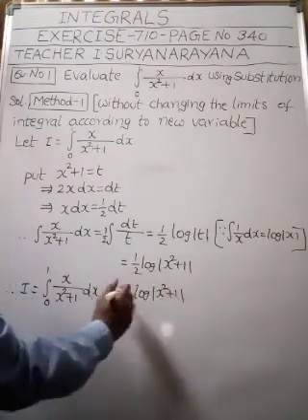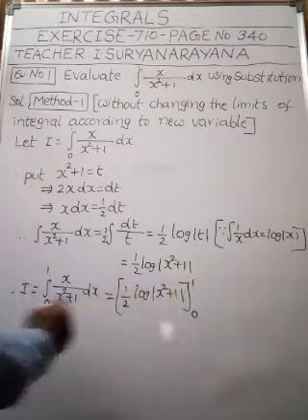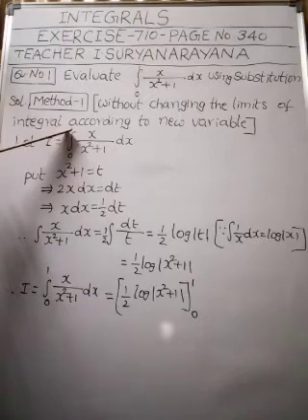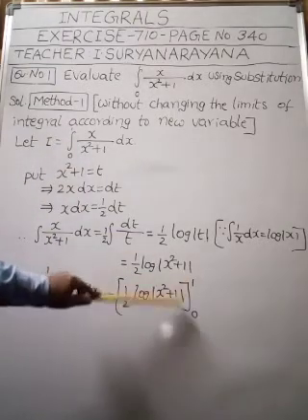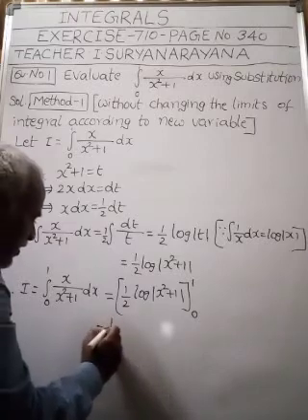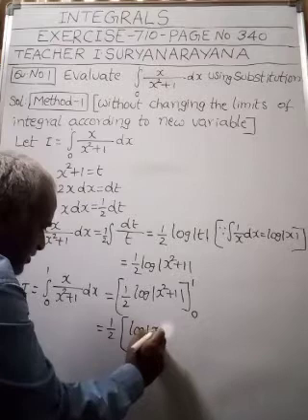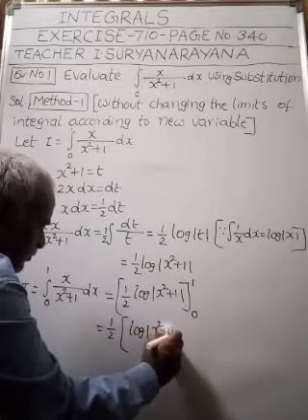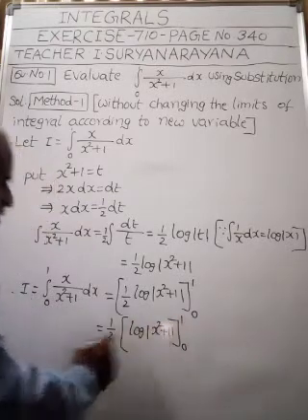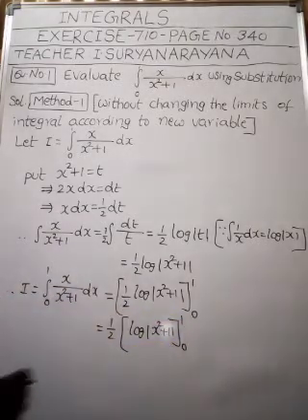For this answer, we have to use the limits, lower limit and upper limit. The lower limit is 0, the upper limit is 1. Now we are applying the limits. Here 1 by 2 is a numerical coefficient, we can write it outside: log mod x square plus 1. For this function we apply the limits, upper limit minus lower limit.